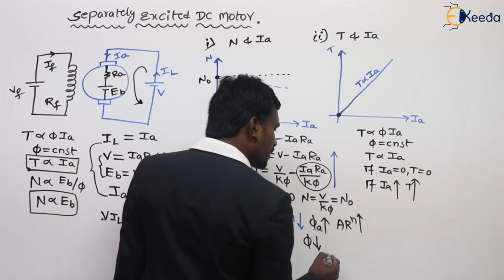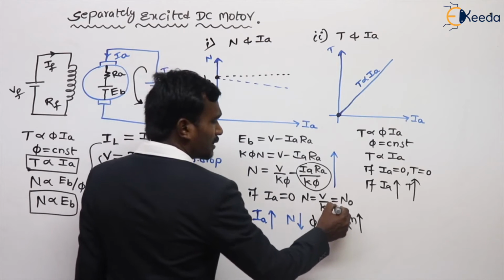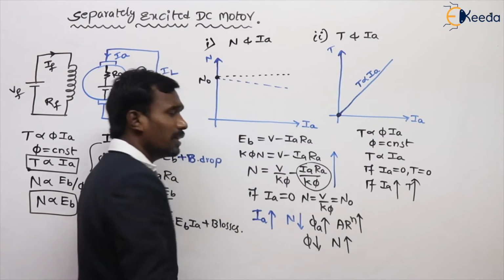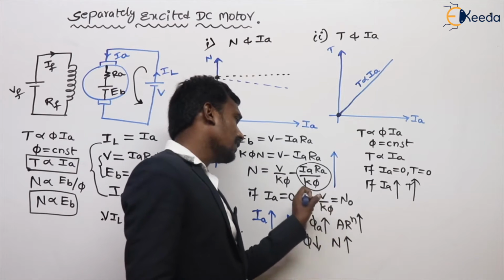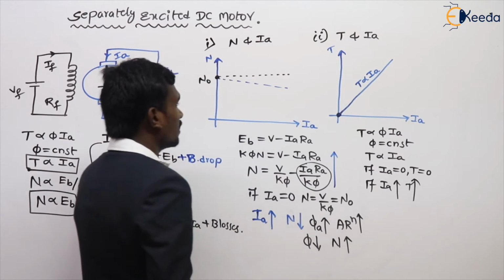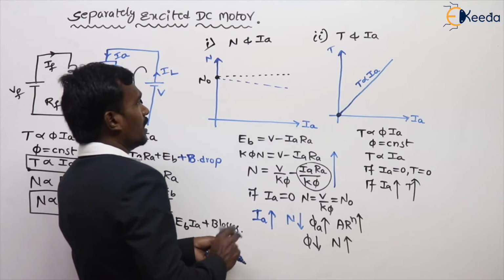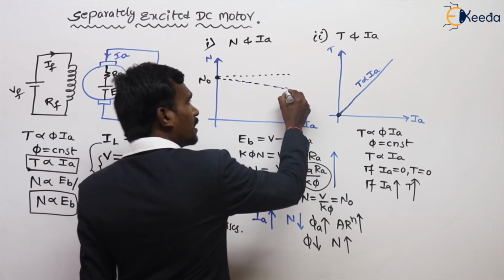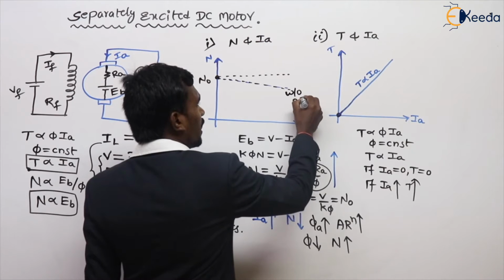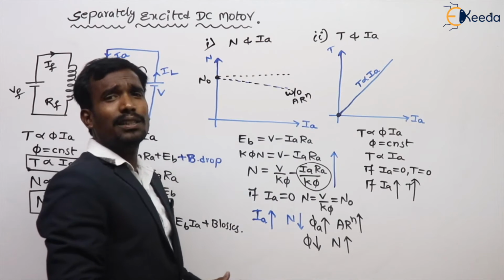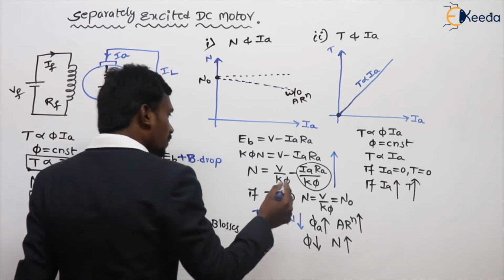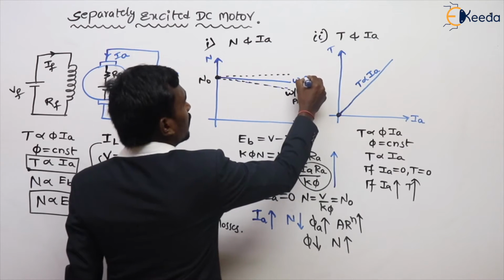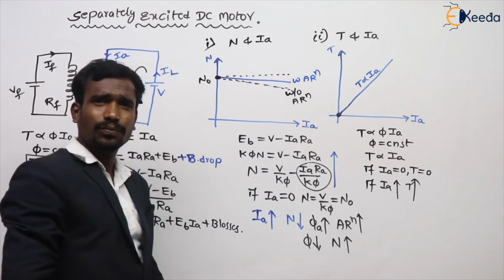If the flux reduces, then speed increases, because flux and speed are inversely proportional to each other. That's why, in the generally normal condition, this is without armature reaction. But when armature reaction is considered, the speed is like this.